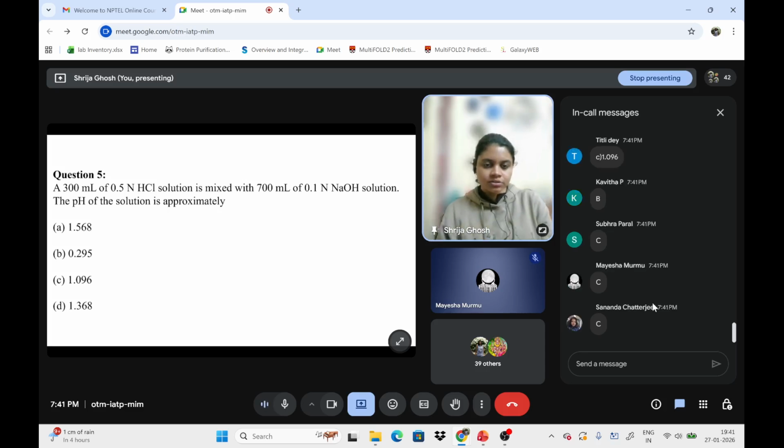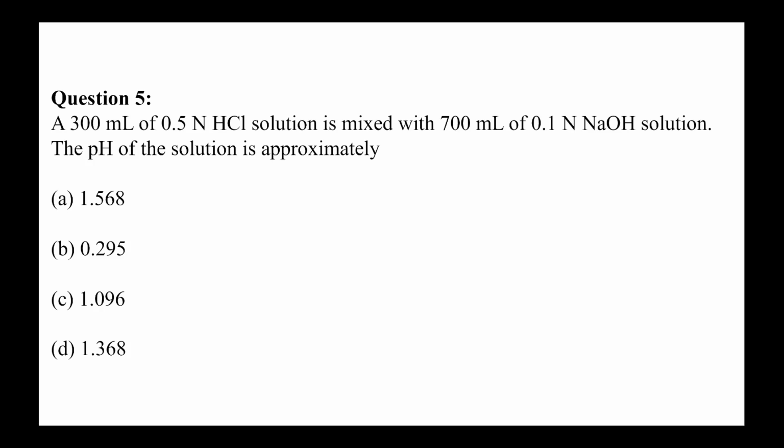So I'll tell you the trick to solve it. Basically, HCl will neutralize the NaOH solution. So equal amounts of HCl and NaOH will get neutralized and there will be no extra H+ ion concentration for the pH to increase or decrease.